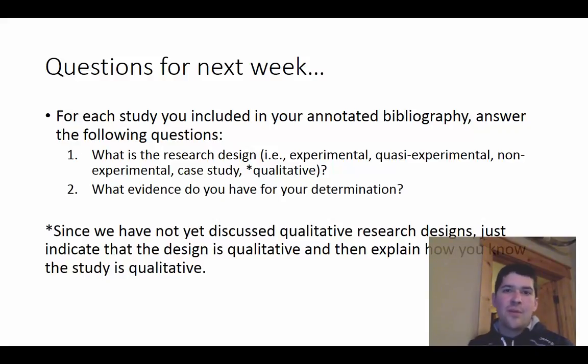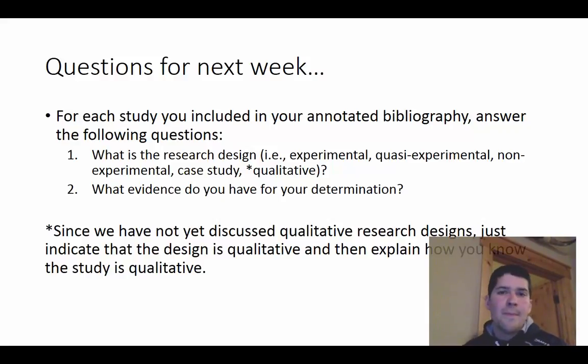You don't have to tell me what type of qualitative research design it was. The second question is, what evidence do you have for your determination? If you say that it's an experimental design, you need to describe why you think it's an experimental design, or why you think it's a quasi-experimental design.